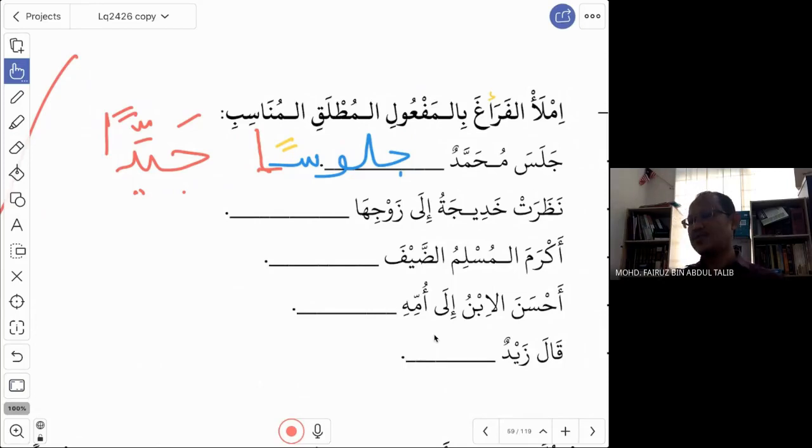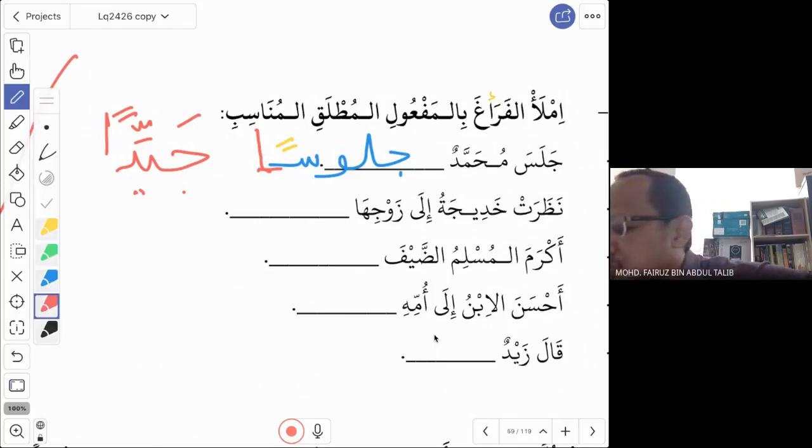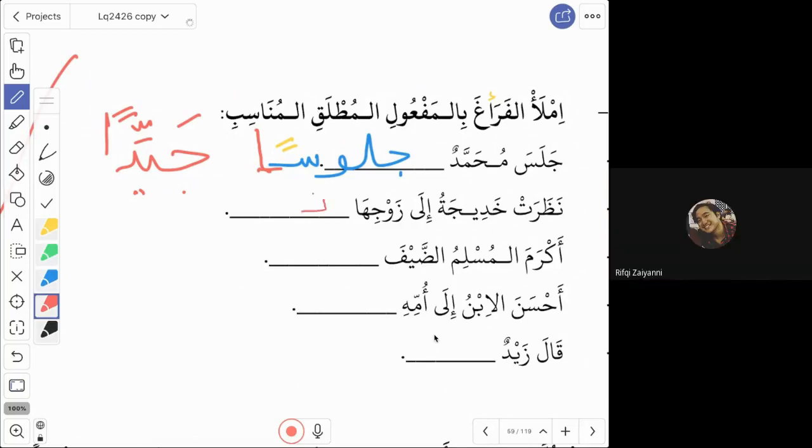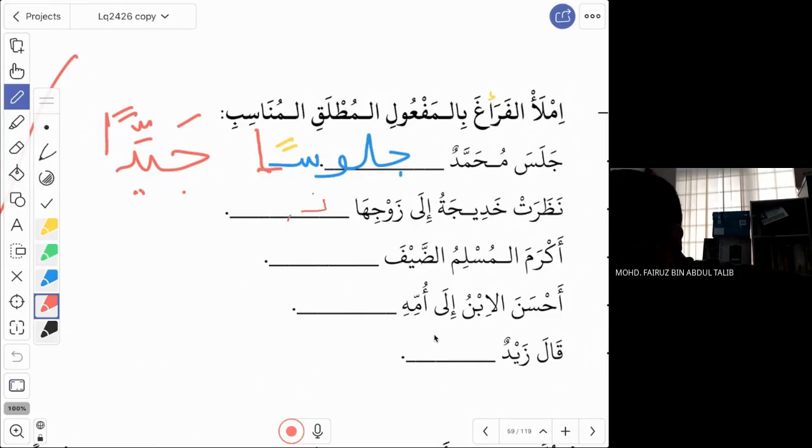Find in the kamus. Nazara yanzuru. Of course, it will start with nun, but what is the word? Nazaran. Nazar. Yes, correct. So the word is nazar.